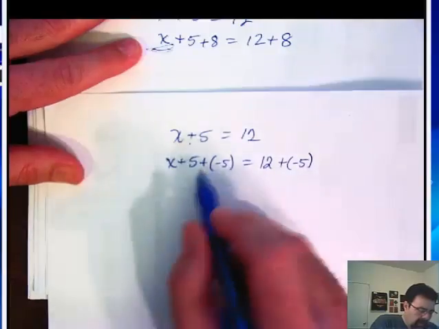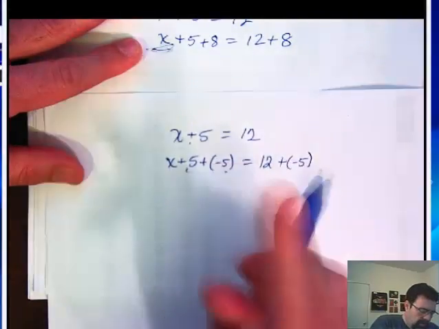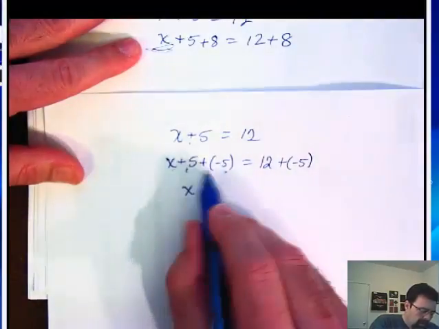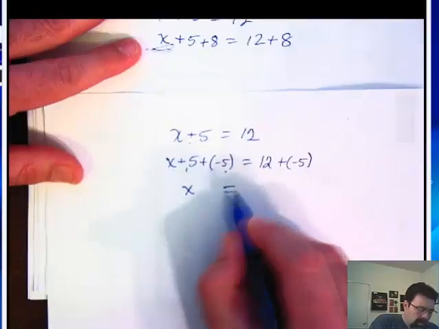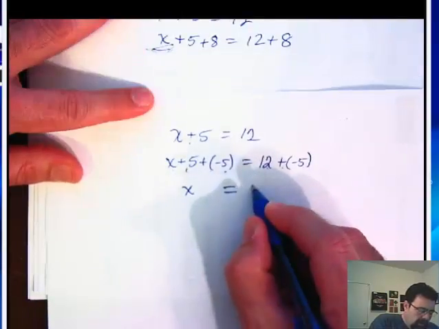And then we can simplify this expression. We know any number plus its opposite is 0. And then any number plus 0 is itself, so that just gets me 12. And then 12 plus negative 5 is 7.